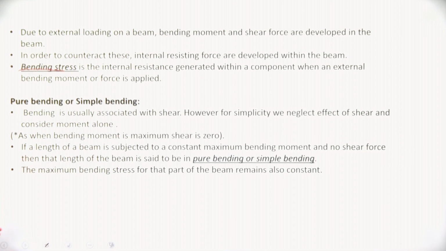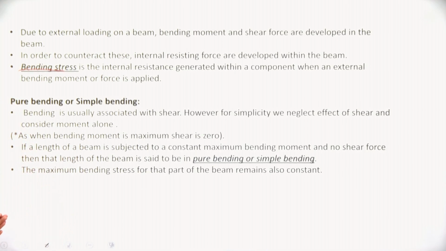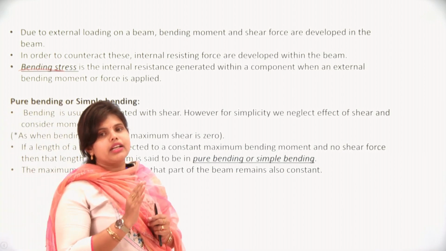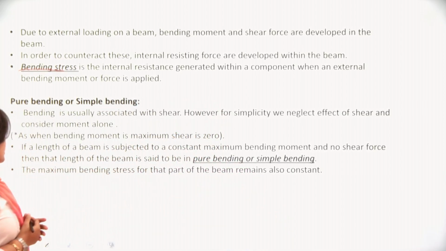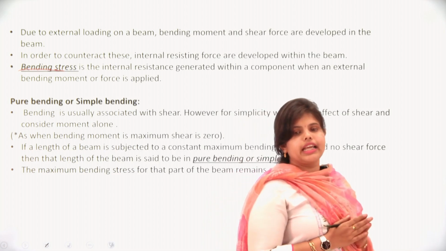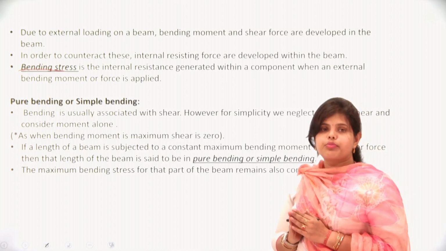We know that when bending moment is maximum, the shear force will be 0. So if a length of a beam is subjected to constant maximum bending moment and no shear force, then that length of the beam will be in pure bending or simple bending.